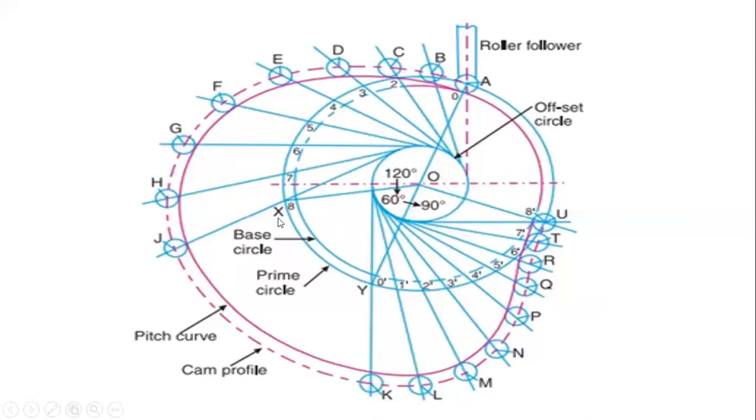Then we have the dwell period, which is of 60 degrees.